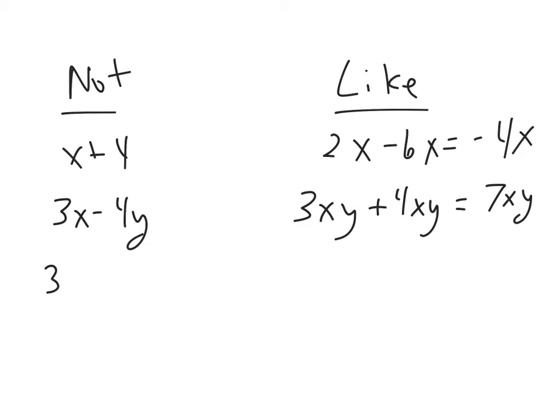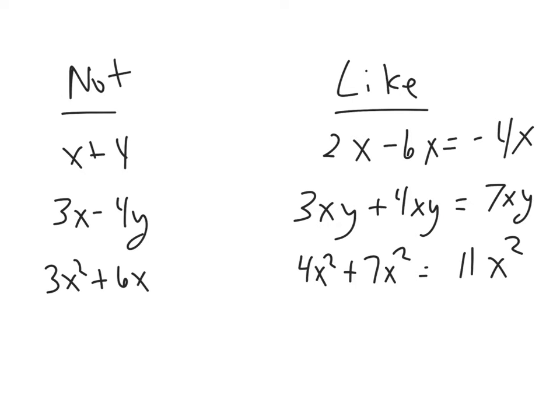Okay, what if I had 3x squared plus 6x? No. Not the same exponent. But if I had 4x squared plus 7x squared, yeah, I can put those together to get 11x squared. So I can always add or subtract like terms. They have to have the same variable and the same exponent. Okay? And we'll talk more about that as we go through here.